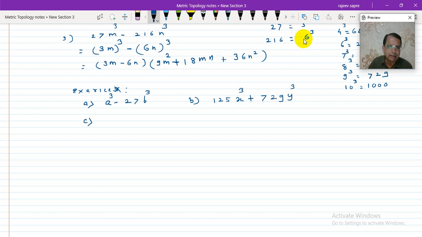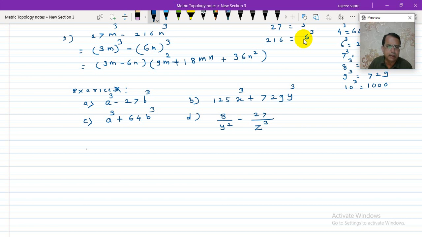Then a cube plus 64 b cube. Then fourth problem will be 8 upon y cube minus 27 upon z cube.